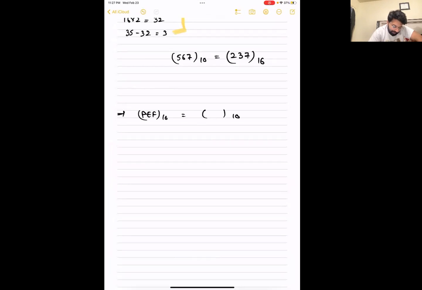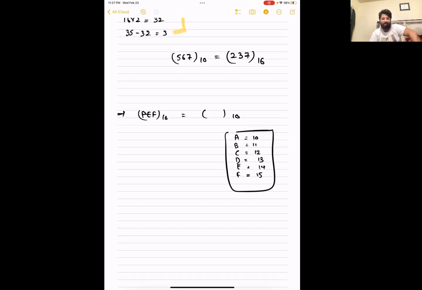Okay, so we know that A is 10, B is 11, C is 12, D is 13, E is 14, and F is 15. So remember this. We're gonna use this a bit in our calculations.